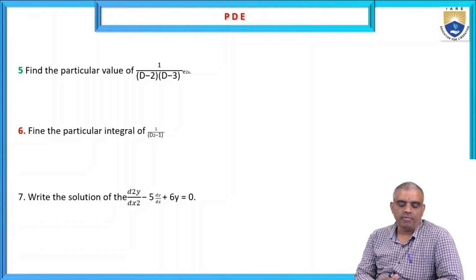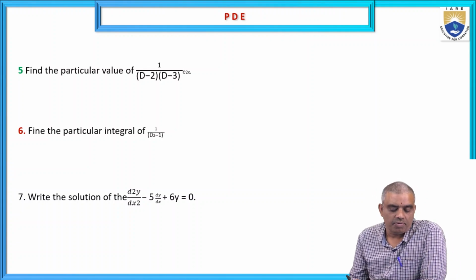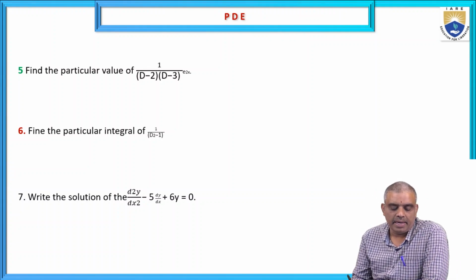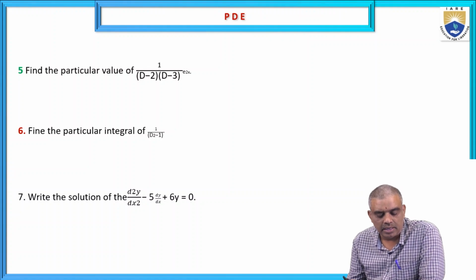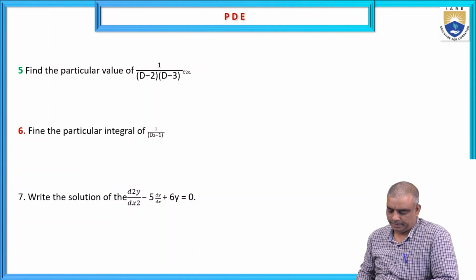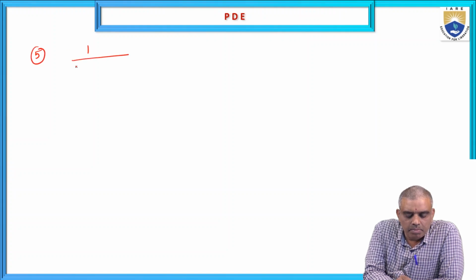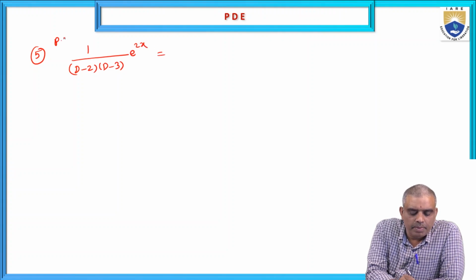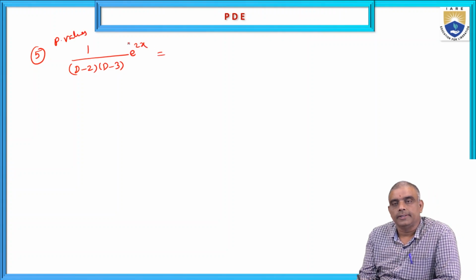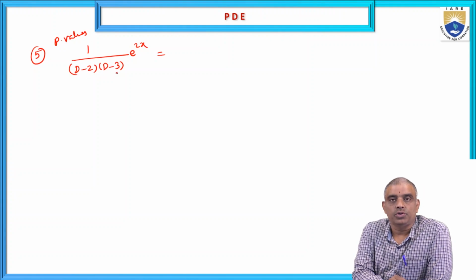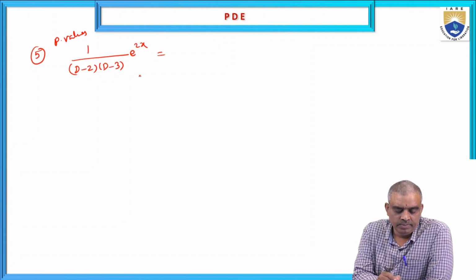Now I go for finding the particular value of 1 by D minus 2, D minus 3 of e power 2x. The particular value of the fifth question, 1 by D minus 2 of D minus 3 of e power 2x. We have to find the particular value of this function. So we have to operate 1 by D minus 2 into D minus 3 on e power 2x.